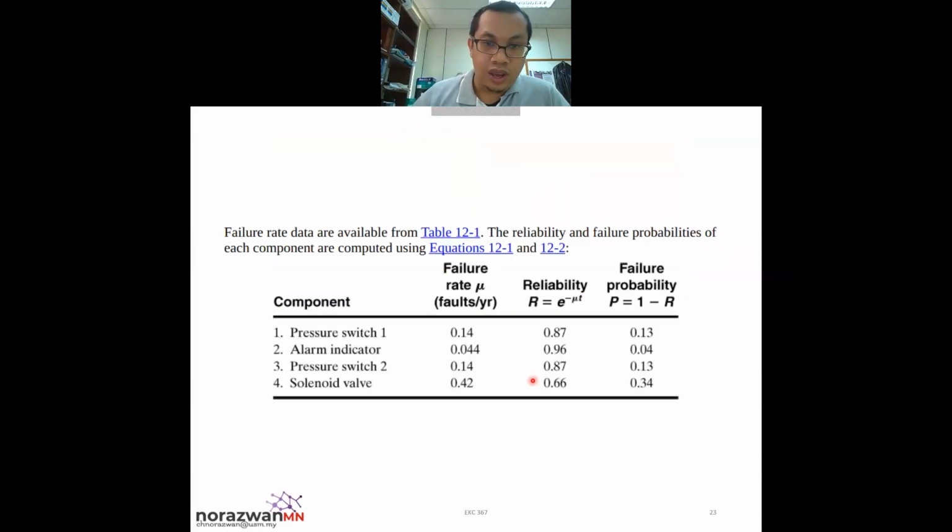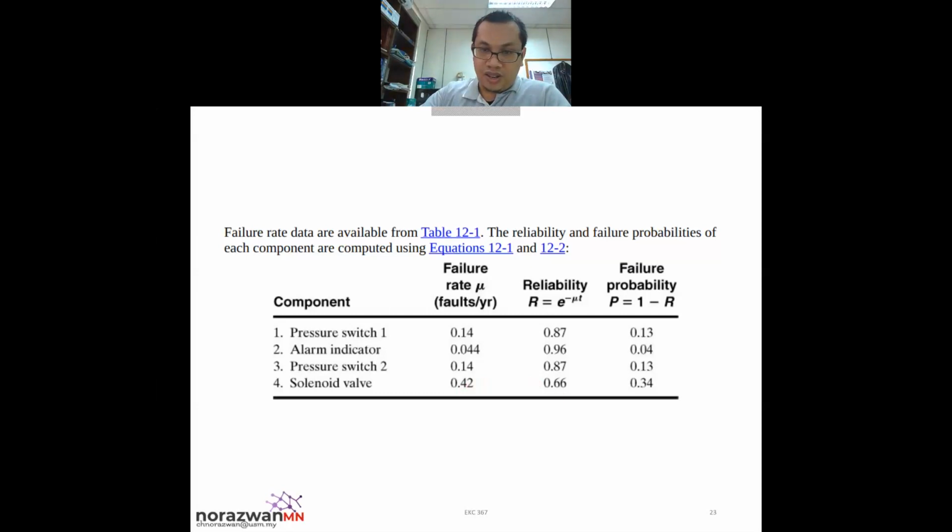So you have two pressure switches, one for the alarm and another one for the shutdown system. You have an alarm indicator and also a solenoid valve. Based on the previous table, we can find the mu for each component: 0.14 for the pressure switch, 0.044 for the alarm indicator, and 0.42 for the solenoid valve.